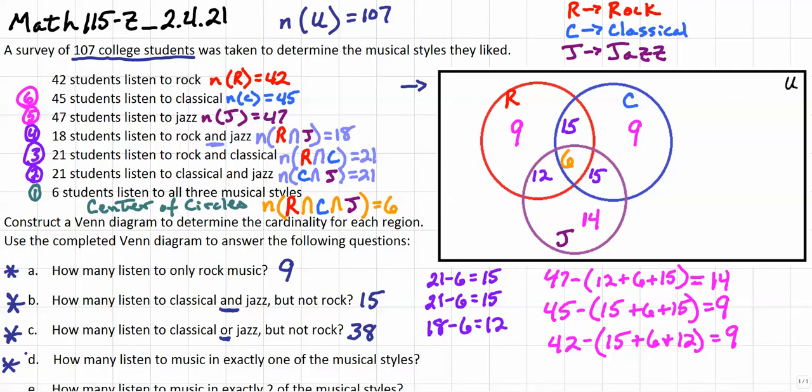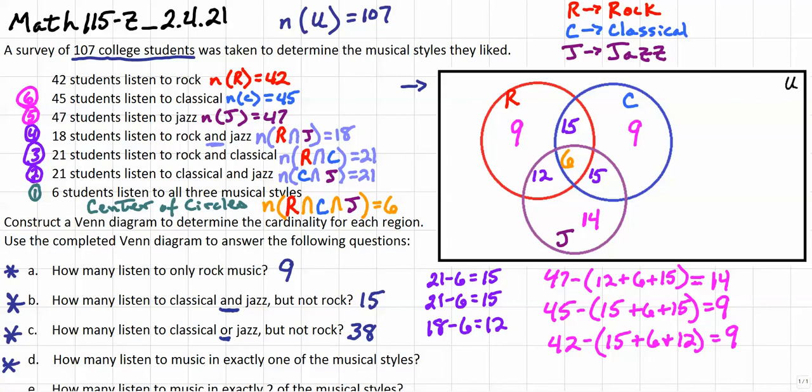Alright, so then the next question, part D, how many listen to music in exactly one of the musical styles? Now, when we look at that one, we say exactly one of the musical styles. So, when I think about that one, I'm going to consider the following. This is exactly a musical style.